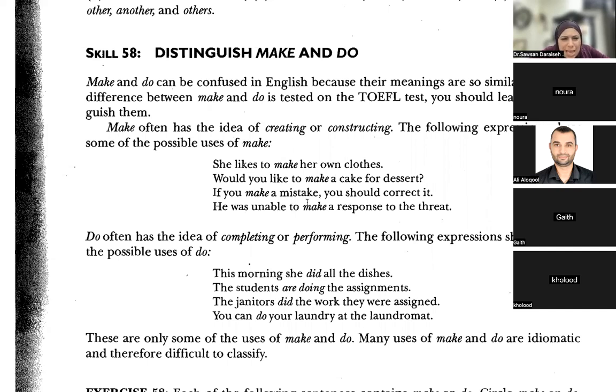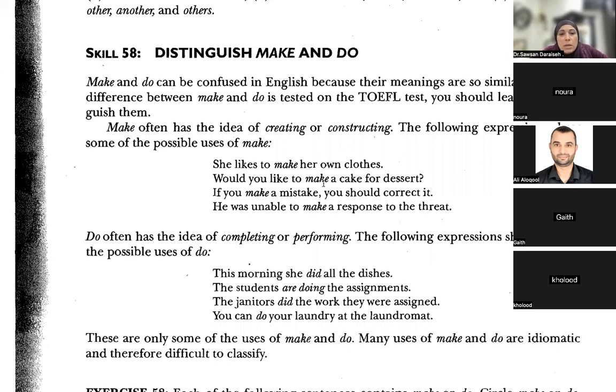Don't make that mistake again, all right? Don't make mistakes, all right? And sometimes, guys, they're repeated on and on. So if you find yourself coming across the word mistake, just say make. Do you know why? Because it's used on and on. But when you come across something new, think about it in this way. Does it have to do with creating, or does it have to do with completing something or performing? Because mistakes are not performing and they're not completing something, right?